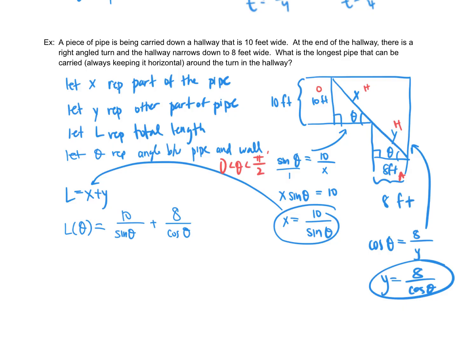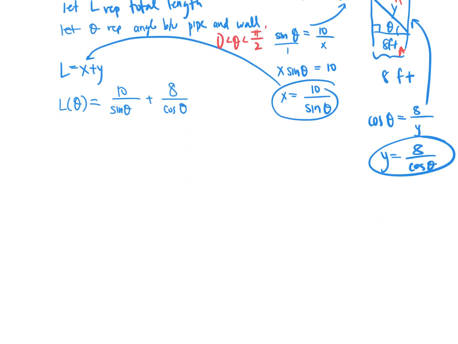But again, these aren't logical values. Like, we're gonna get very high numbers here, but the pipe won't make the turn. So there has to be a happy spot somewhere between 0 and pi over 2. And I'll talk about that more when we get to the testing values portion of this. But right now we have a very nice function here for the length.